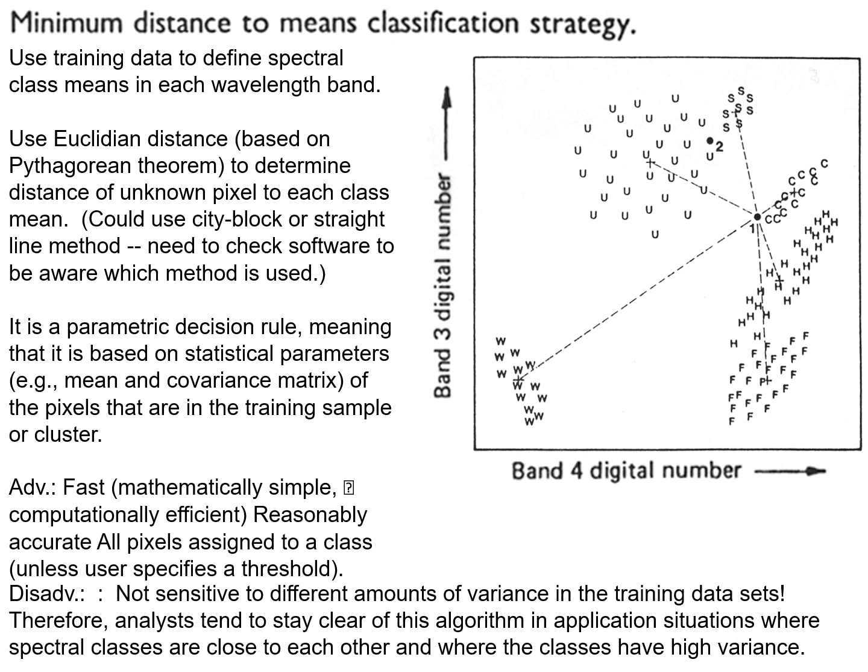The disadvantages are that it's not sensitive to different amounts of variance in the training data sets. So if we look at point 2, point 2 is closest to the center point for sand, but it actually falls in an area where you've got urban pixels.